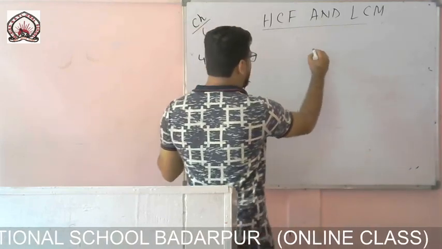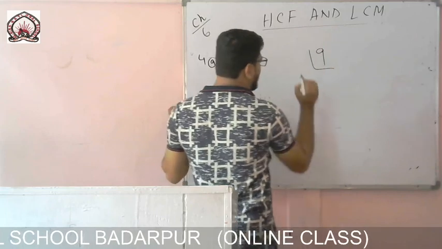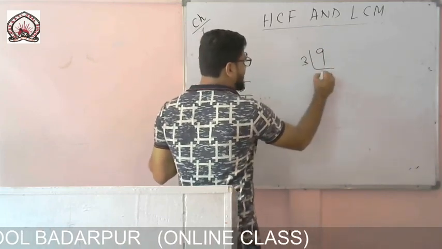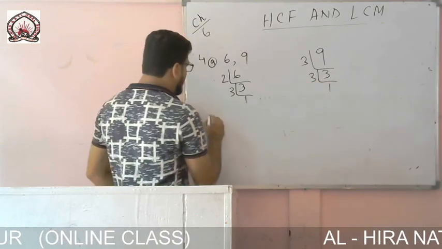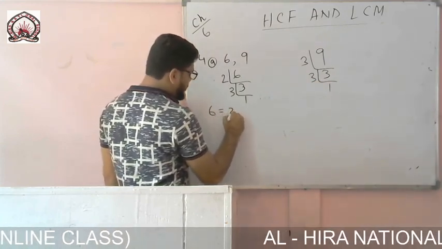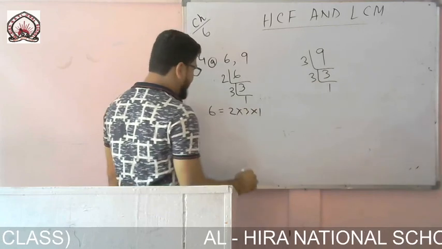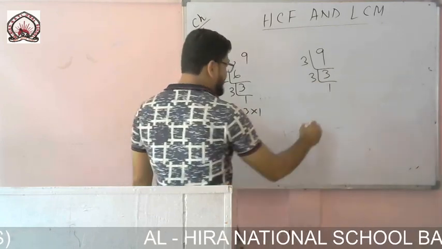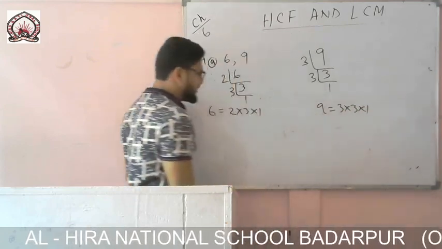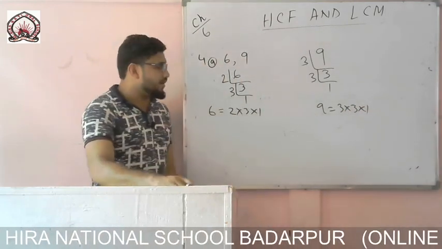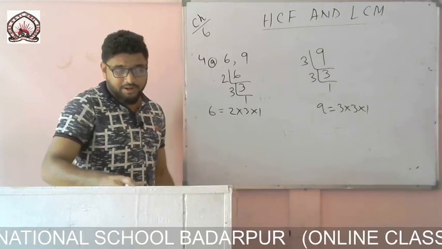For 9, with 2 it is not possible, we shall go for 3. 3 3s are 9, 3 1s are 3. So 6 equals 2 into 3 into 1, and 9 equals 3 into 3 into 1.